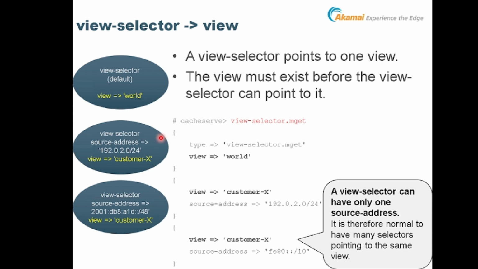Those require views which are based on individual subscribers, individual customers. So there might be a view for every single customer in the entire network. Therefore, there could be hundreds of thousands or millions of views in the system.